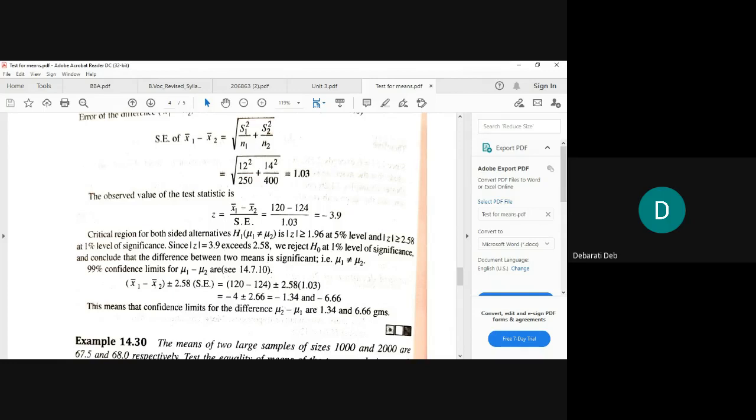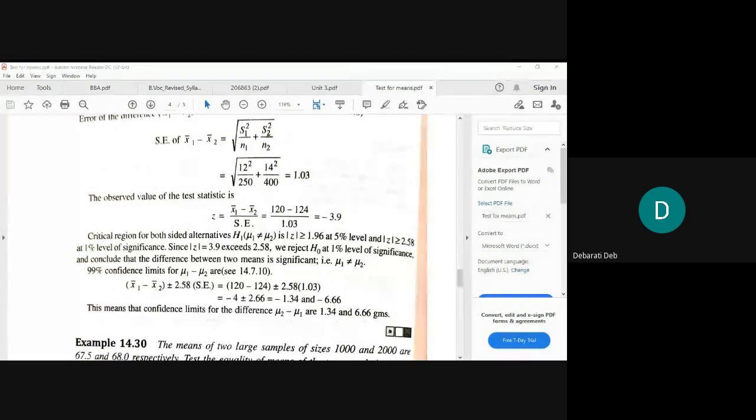So now first you will write about the critical region. What is the critical region? Then you will write about why you are accepting or rejecting.